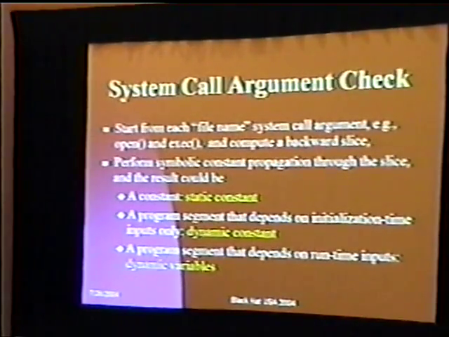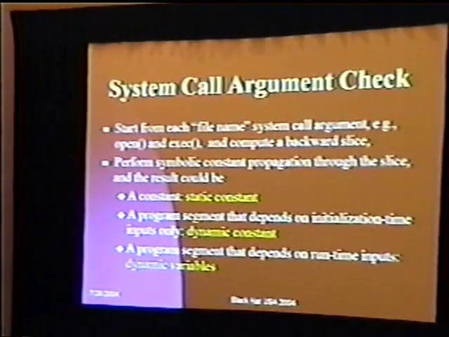So basically what we do is very simple. We go through the same program, derive using data flow analysis, and classify the system call arguments into three categories. Either things that you can determine statically, static constants, or things that you cannot determine statically but you know their value remains the same, like things you get from an environment variable or a configuration file.